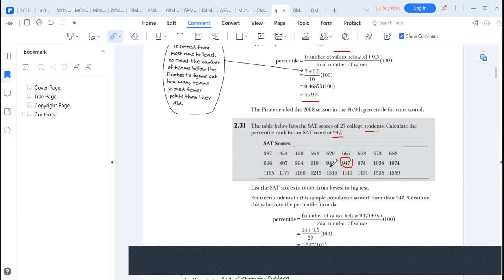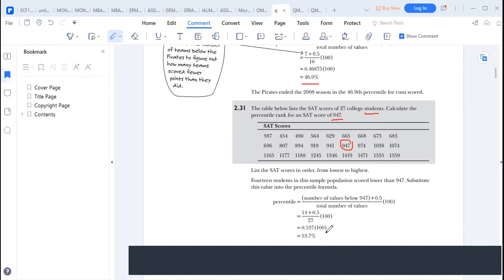The numbers that are below this are how many? They're 14. Now, this is an odd number. But in the case of even we're adding 0.5. But for the odd number, do we also add 0.5? Yes, we still do so. So here there are 14. We add a 0.5 there over 27 times 100. We're getting 53.7. So it is a general rule that is being adopted.